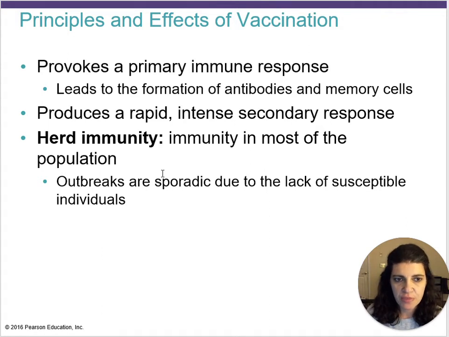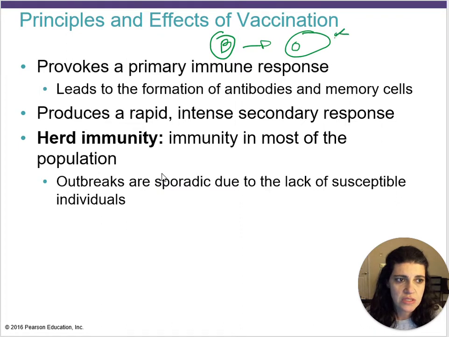When a big population agrees to get immunized with a vaccine, in everybody's body you have the formation of the initial antibody. And remember when we talked about the immune system, how you have the B cells that become plasma cells, and then the plasma cells produce antibodies, right? And then some of these B cells don't become plasma cells, but they form what is called a memory B cell.